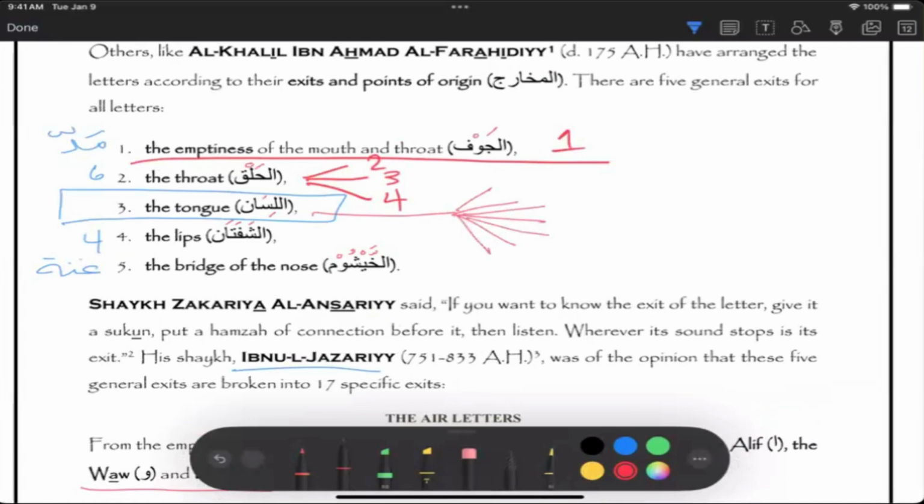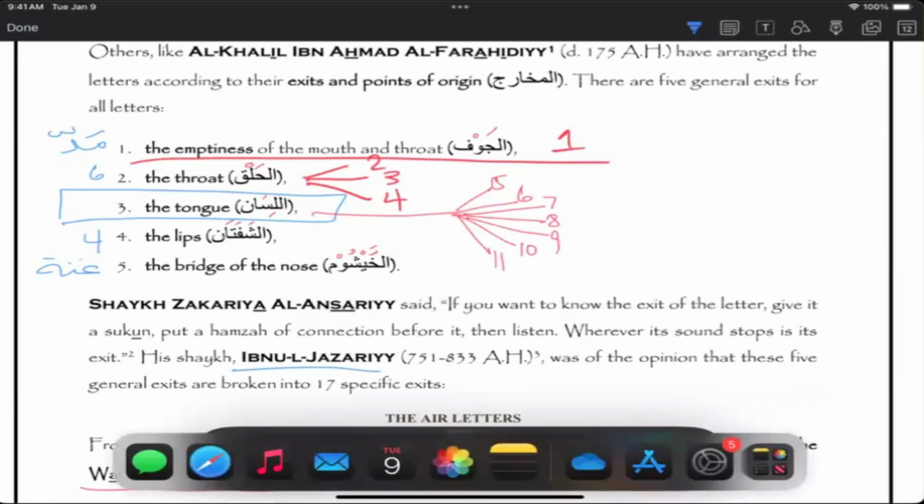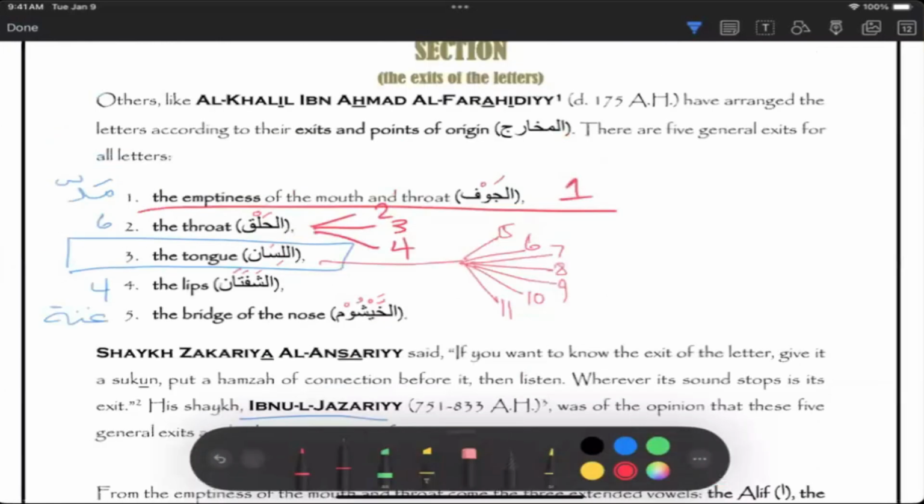So 4, 5, 6, 7, 8, 9, 10, 11. Shafatan. So we're trying to get up to how many? 17. Yes.